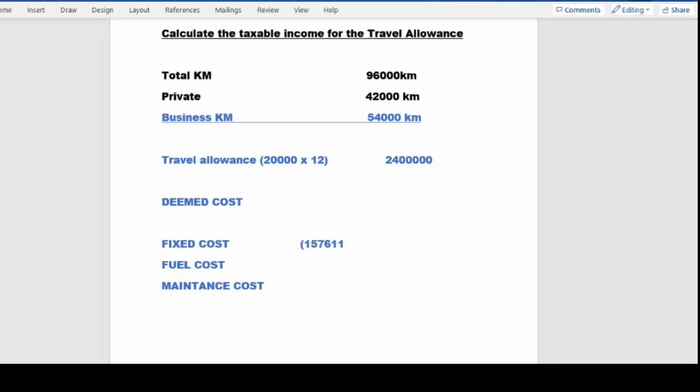And then the fuel cost. Let's have a look at how much the fuel cost is. Fuel cost is 172.4, right? So you just say fuel cost, then you adjust it here, 172.4. And then lastly, we're going to look at the maintenance cost, which is 99.6.